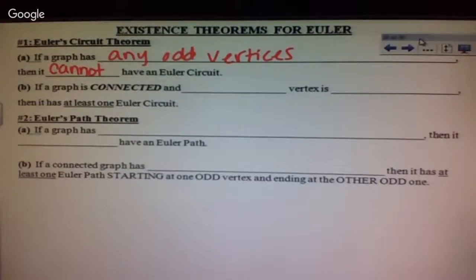Or on the other hand, we can also state that if a graph is connected and every vertex is even, then we have at least one Euler circuit. Okay? It's just 2 different ways to write the theorem.